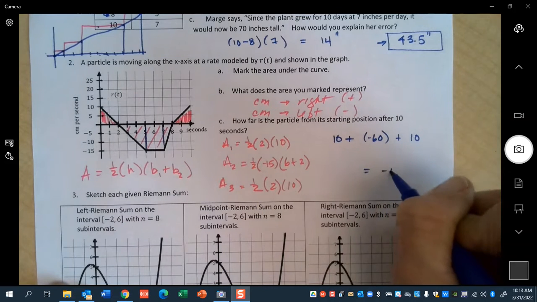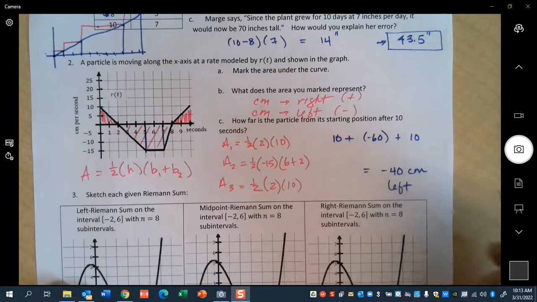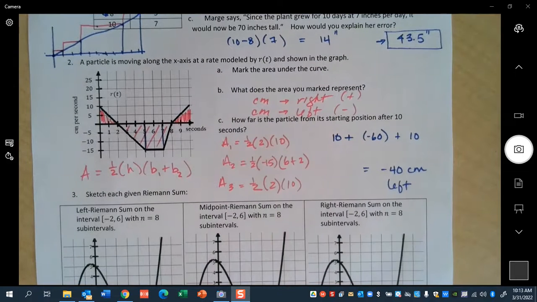So my particle is 40 centimeters to the left from its initial starting position. It's going to be 40 centimeters. Whether you call it down or to the left, that negative implies that.